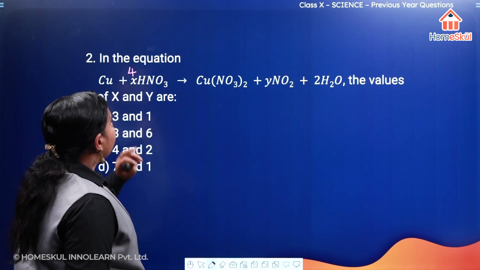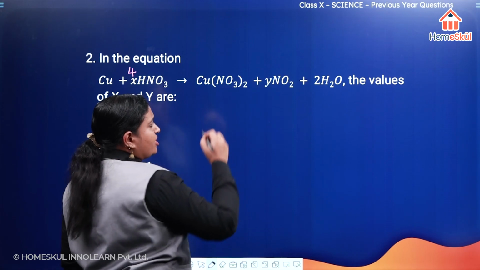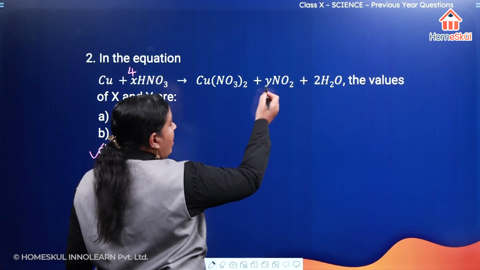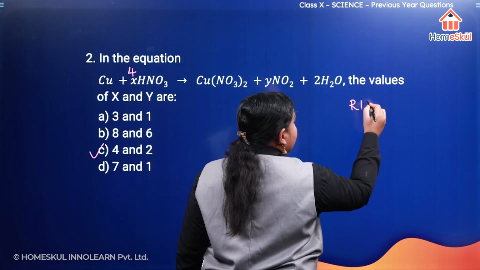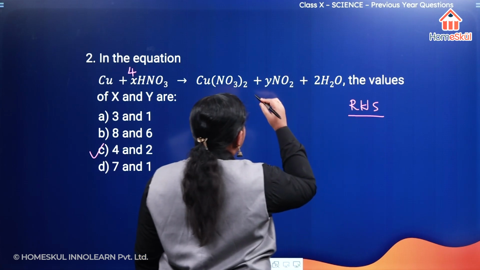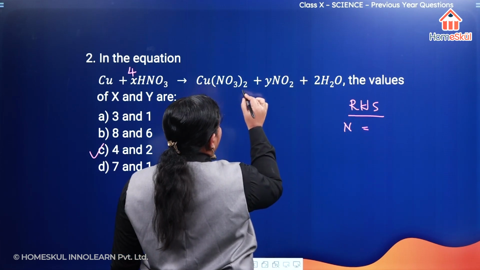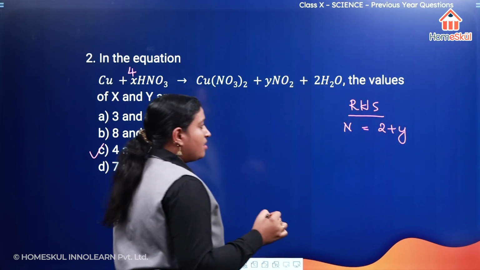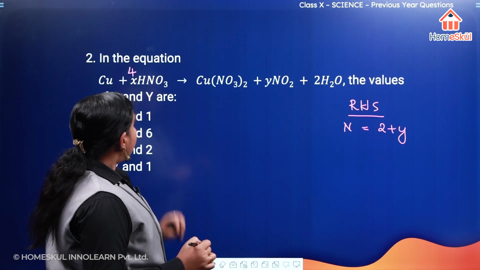So let's check. In the case of nitrogen, what is the total number of nitrogen atoms on the right hand side? Here we have Y and here we have 2. So the total number of nitrogen atoms on the right hand side is 2 plus Y. But on the left hand side, what is the total number of nitrogen?